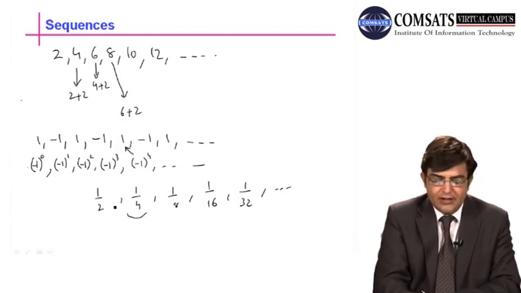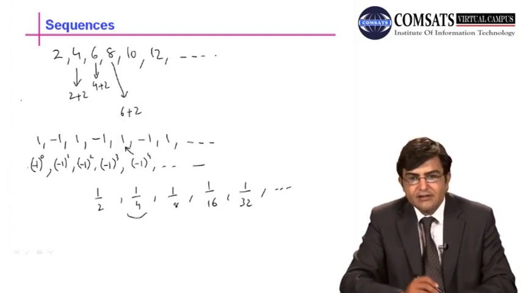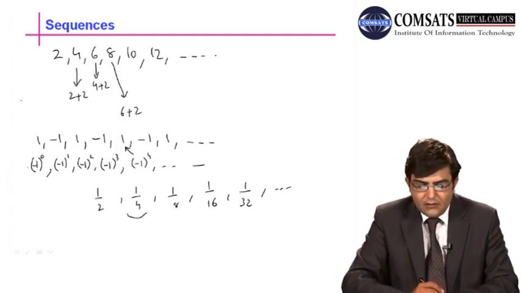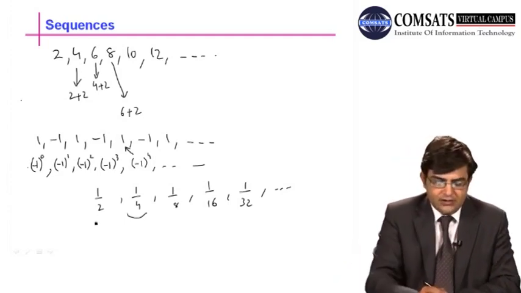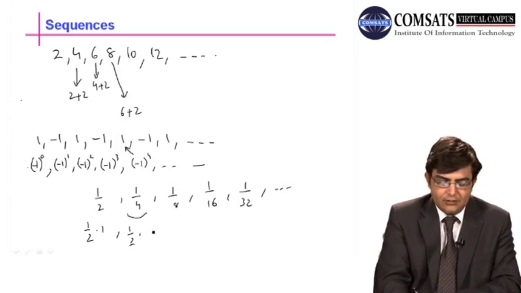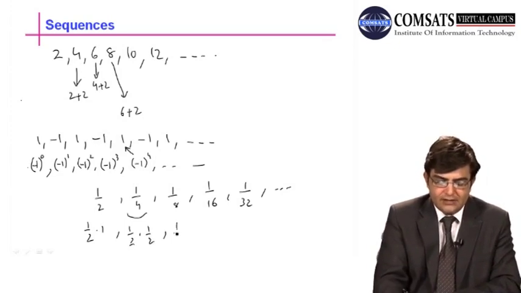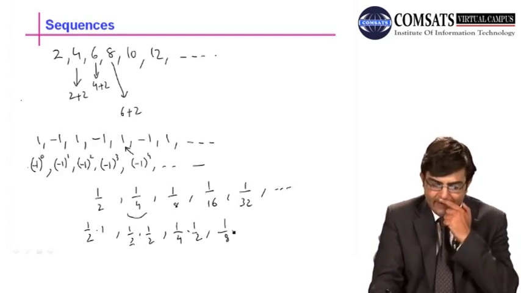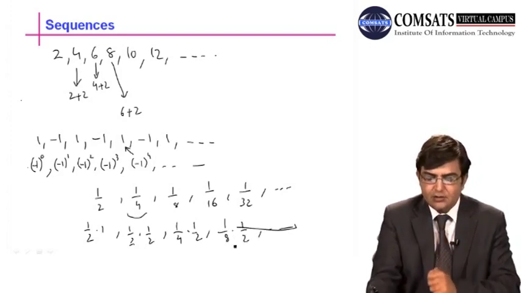Each next term of a sequence is obtained by multiplying the previous term by 1 by 2. For example, this is 1 into 1 by 2, next is 1 by 2 into 1 by 2, next is 1 by 4 into 1 by 2, next is 1 by 8 into 1 by 2, and so on.